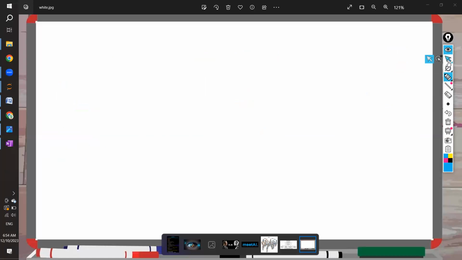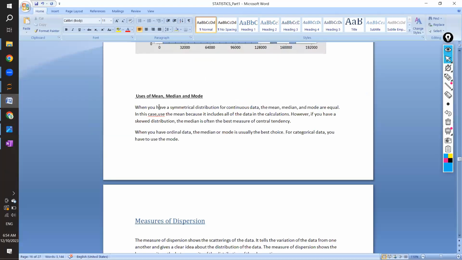Fine. So now if you see we have a symmetrical distribution of conditions, the mean, median, mode are equal. In this case, use the mean because it includes all the data in calculations. However, if you have a skewed distribution, median is often the best central tendency. One important thing about mean is it uses all the data in calculations.